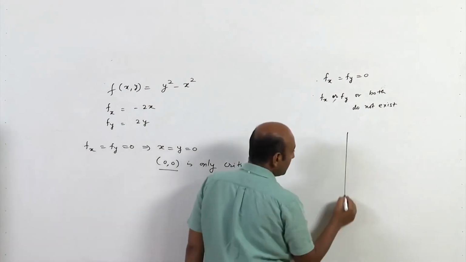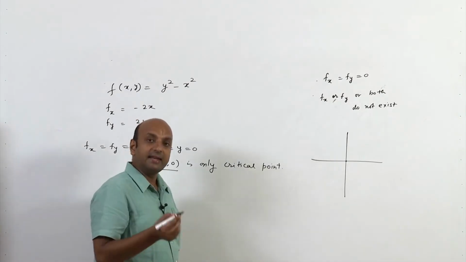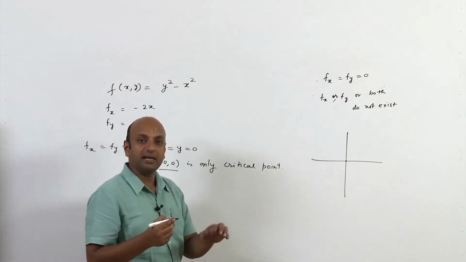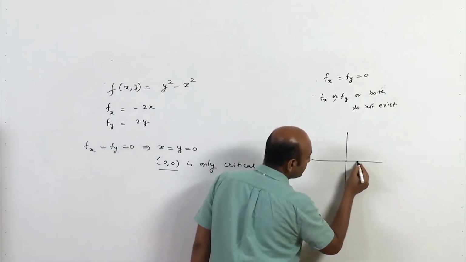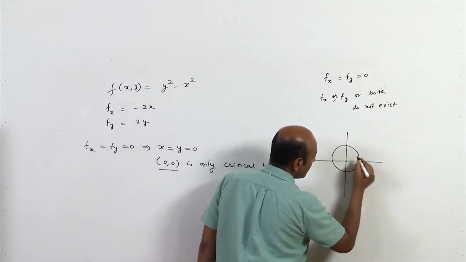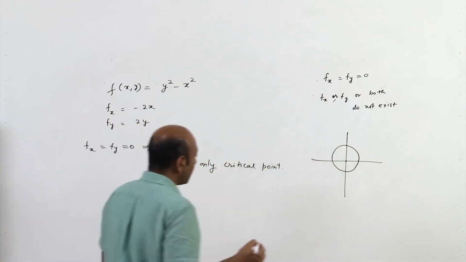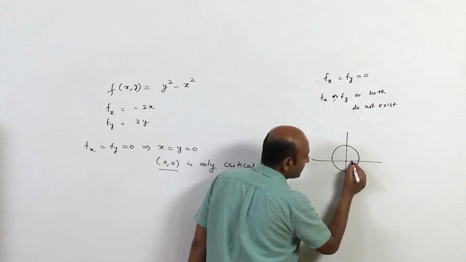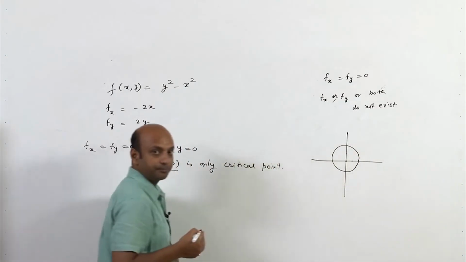Now, if you take (0,0) and take any neighborhood of (0,0), I mean any open disk centered at (0,0), there are some points which are on the x axis and there are always some points which are on the y axis.